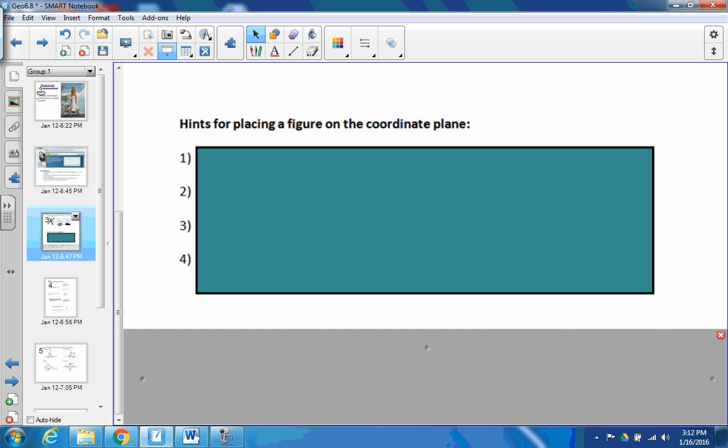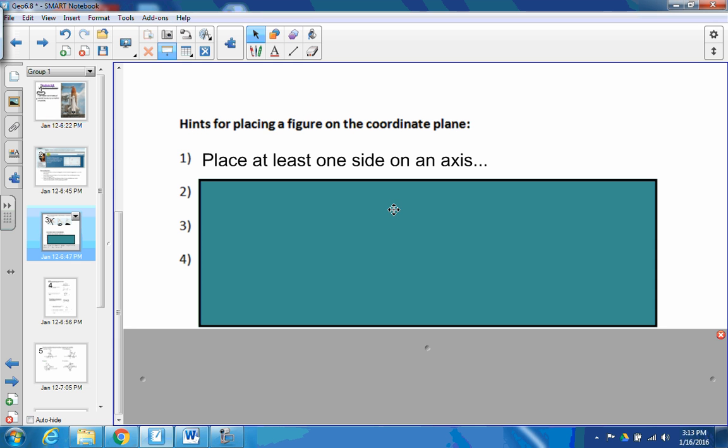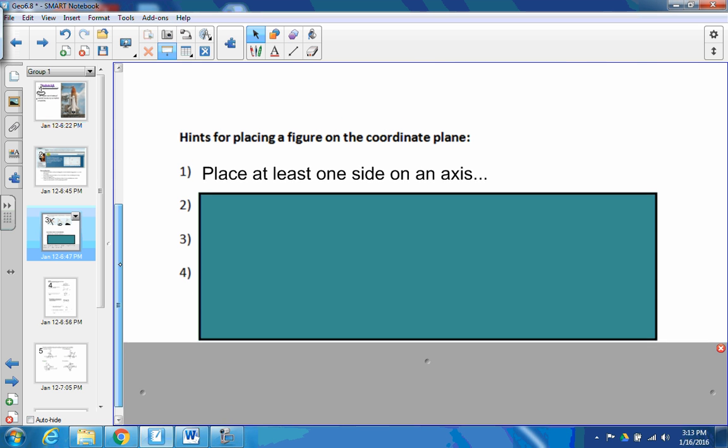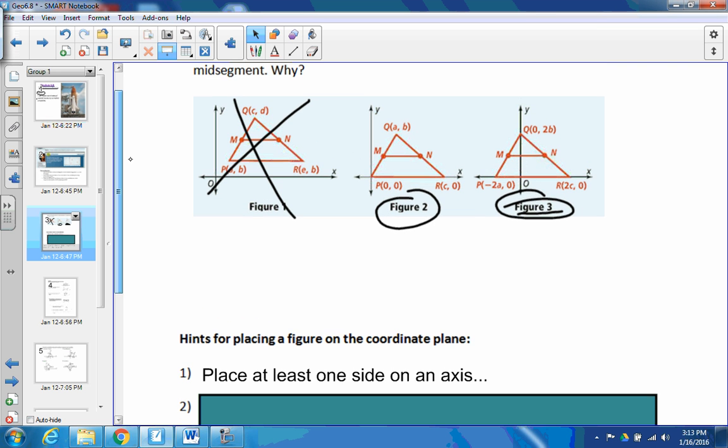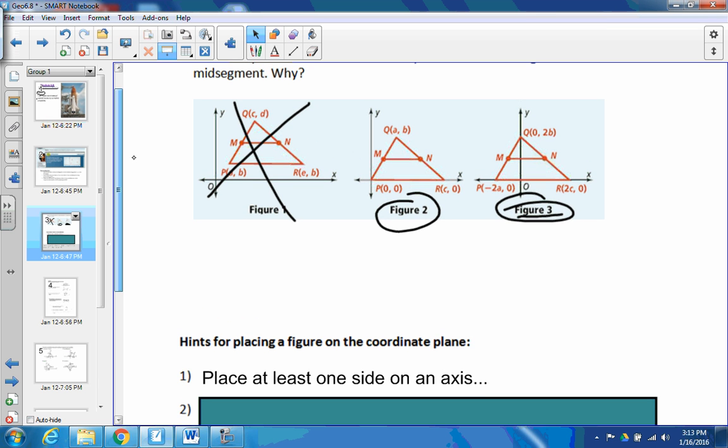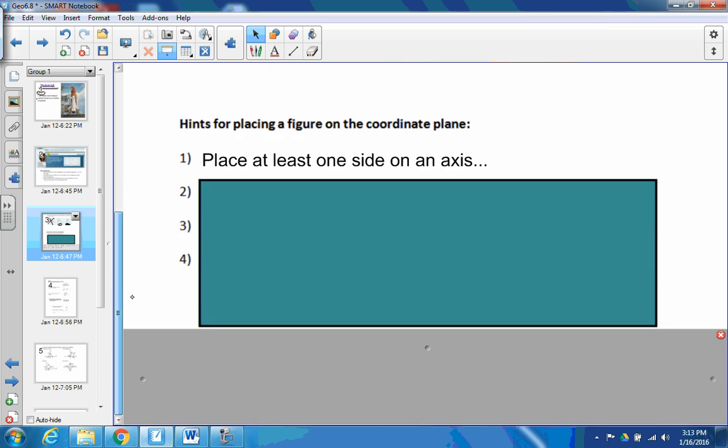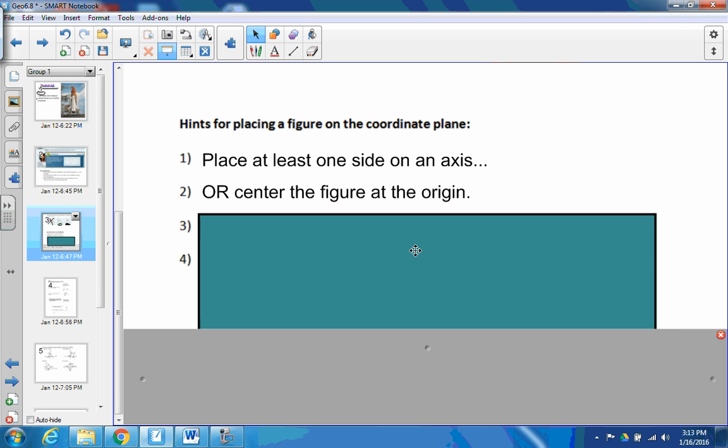So here's some tips, and you'll see why these are useful in a bit, for placing a figure on the coordinate plane. The first step is place at least one side on an axis. If you look up here, both figure 2 and 3 have one side on an axis. So it has zeros, and it's going horizontal or vertical. It says, or center the figure at the origin.